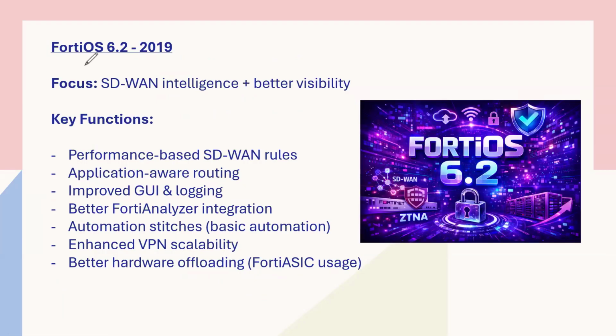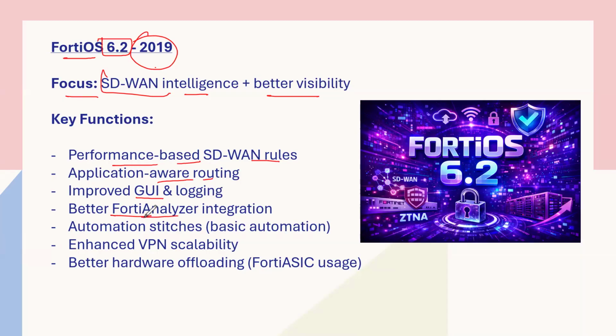Next, what happened? FortiOS 6.2. In which year? 2019. The focus point was SD-WAN intelligence. It means compared to what we have in 6.0, more features were added for SD-WAN. Better visibility, performance-based SD-WAN rules, application-aware routing, improved GUI pace, and better FortiAnalyzer integrations.